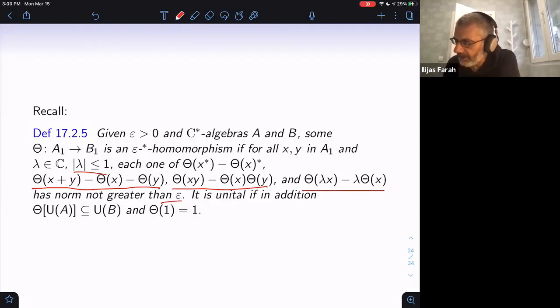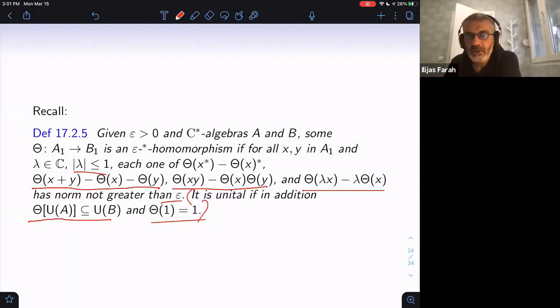And we say that theta is unital if in addition it maps the unitary group to the unitary group and it maps 1 to 1. Now, having seen the proof of the previous theorem, you know why that is convenient. But at the expense of getting a worse constant, this last assumption is not a big deal.